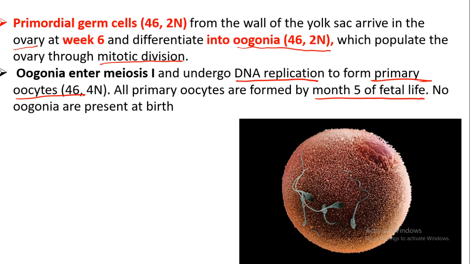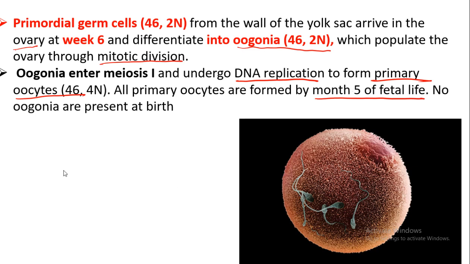Remember, in male, it happened after puberty, but in female, it's happening at month 5. So that's one of the differences. In male, it is puberty. In female, it is month 5.